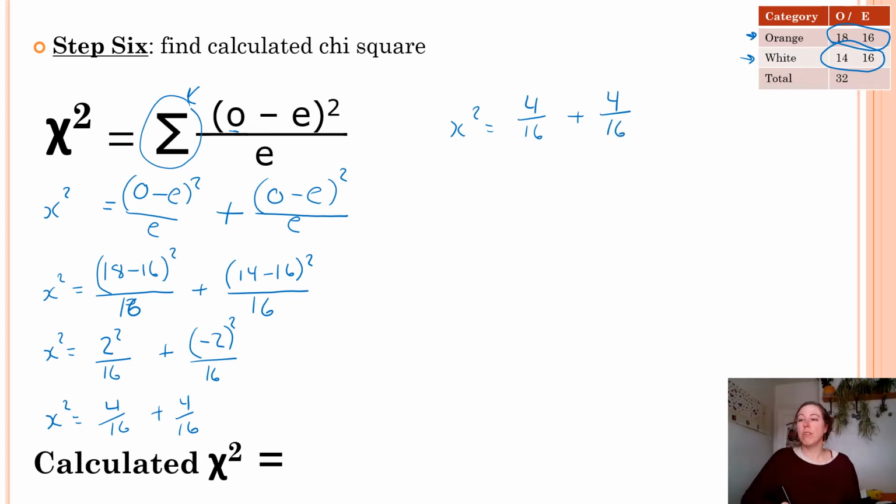The reason why this squaring is here is to get rid of this negative number. Mathematicians don't like to have negative numbers. So we frequently see situations where they square numbers to make everything positive. 4 divided by 16 is 0.25.